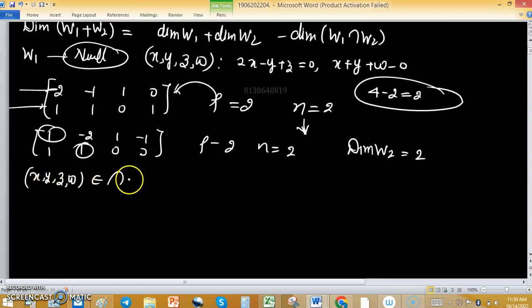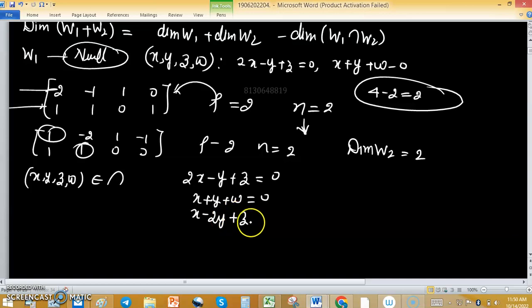It means it satisfies the conditions of both. 2x minus y plus z equals 0 is the first condition of W1. x plus y plus w equals 0. x minus 2y plus z minus w equals 0, and x plus y equals 0. So these are 4 conditions from W1 and W2.